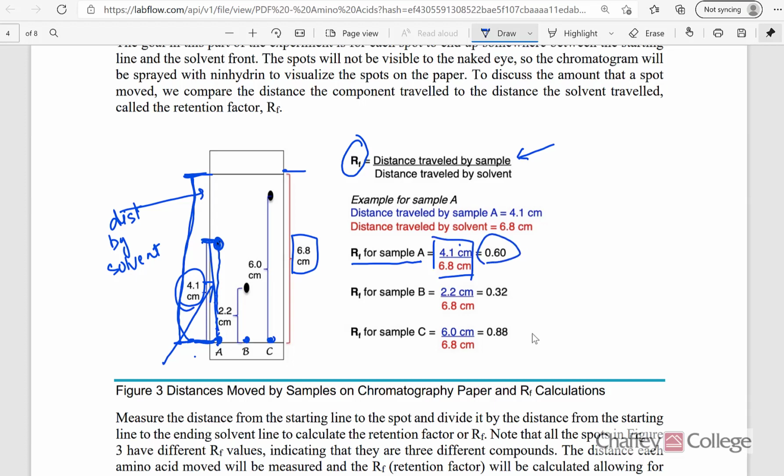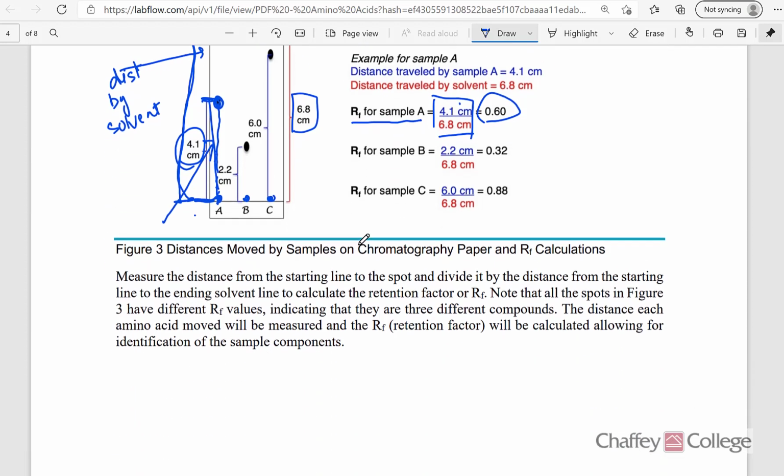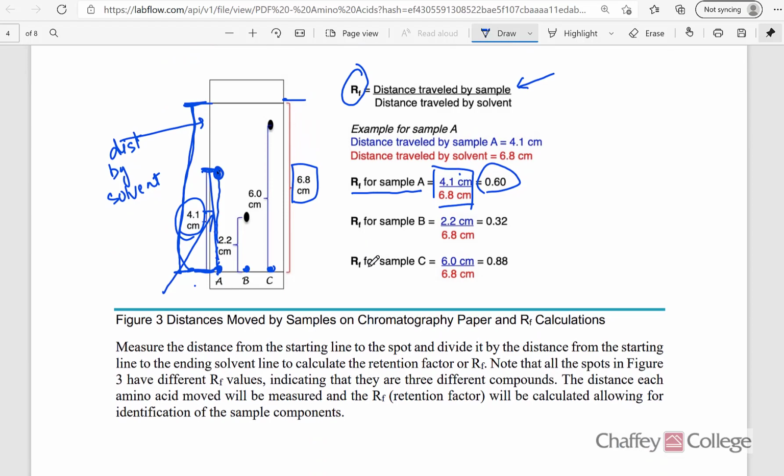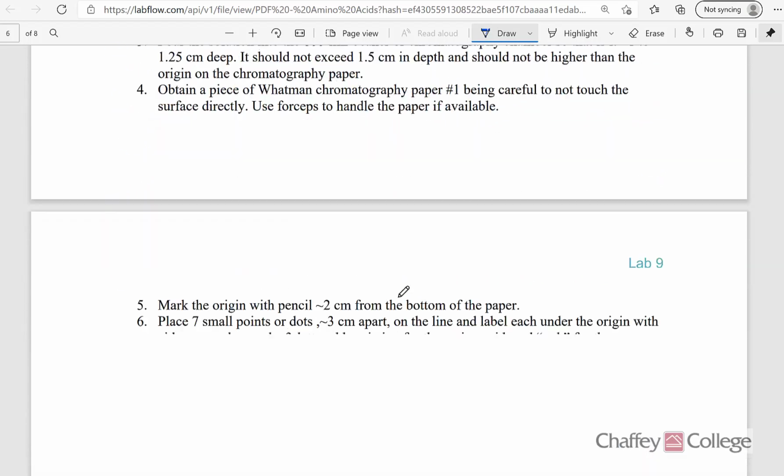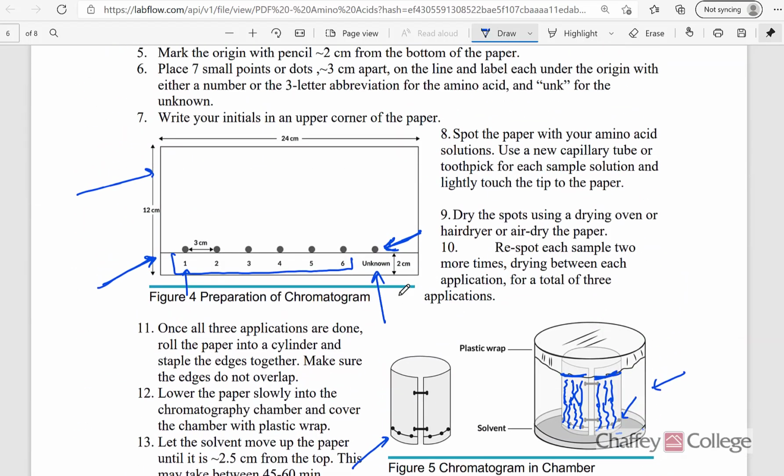So that's how we calculate the RF value. Applying the same logic, we will calculate the RF value for all of these 6 amino acid spots. They will be all the way up or down somewhere. And how far an amino acid spot travels on the paper depends on its polarity or its solubility in the solvent. So no two compounds have exactly the same RF value.